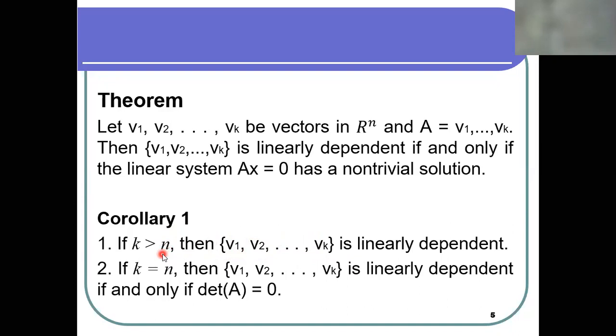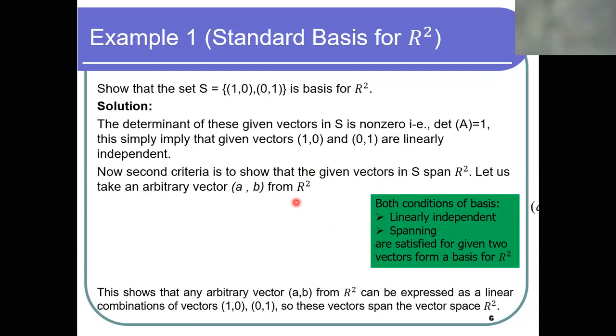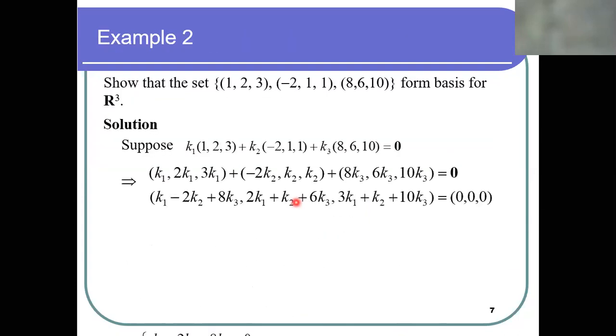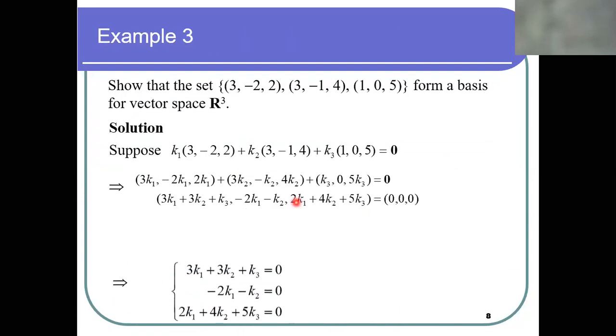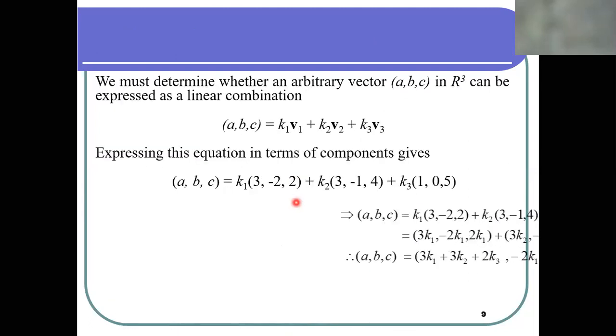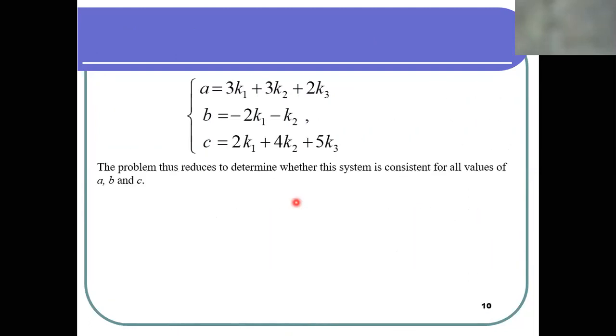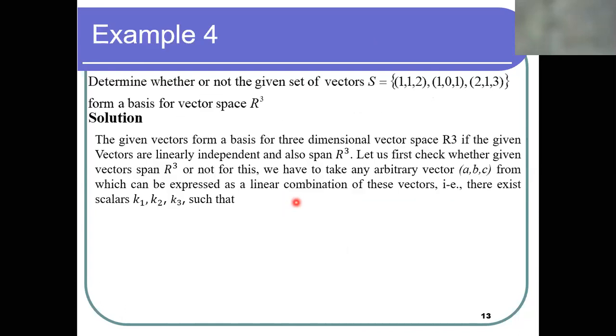So if this condition prevails, then these vectors qualify as a linearly dependent set. Let us elaborate this with an example. Rather than solving it completely, you just have to utilize the statement of this theorem. This is one of the beauties of that theorem.